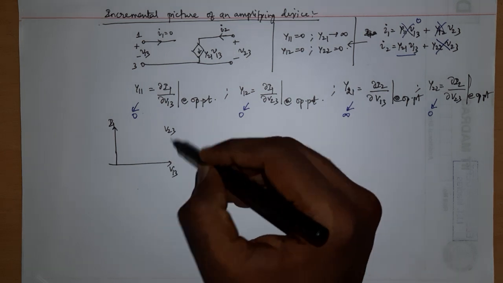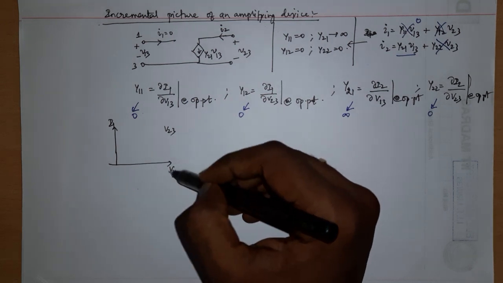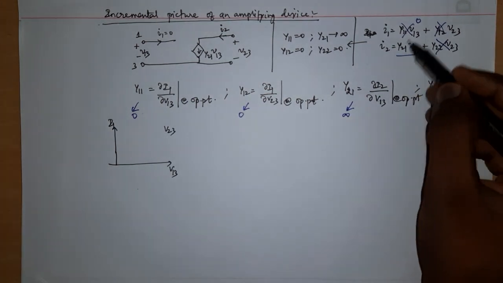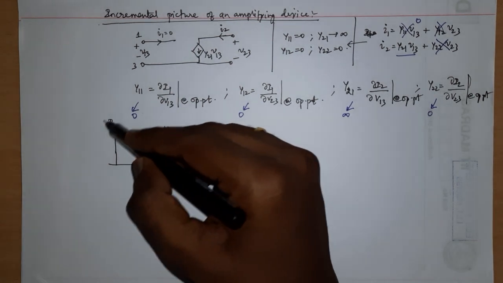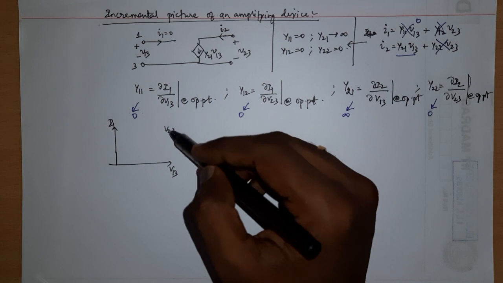I'm sorry, these are independent, right? These two are independent and this is dependent. I is dependent on voltages. So you plot independent versus dependent, and the other independent will be a parameter.